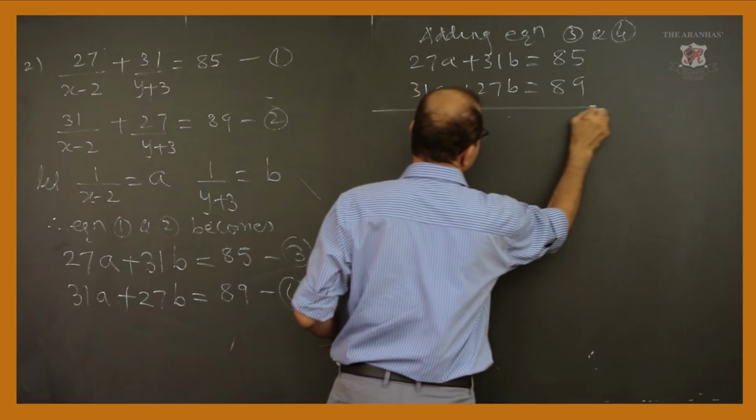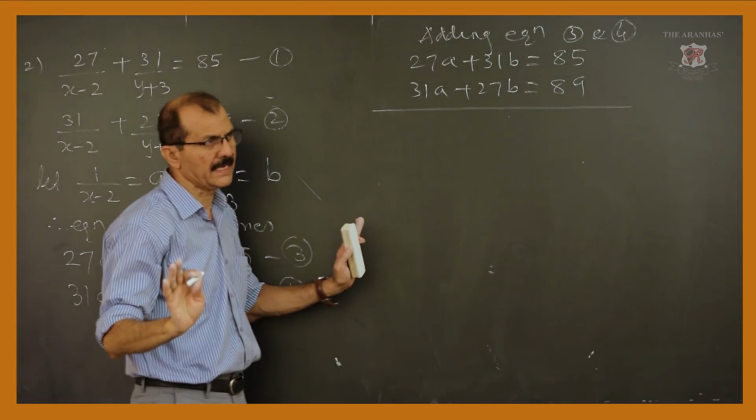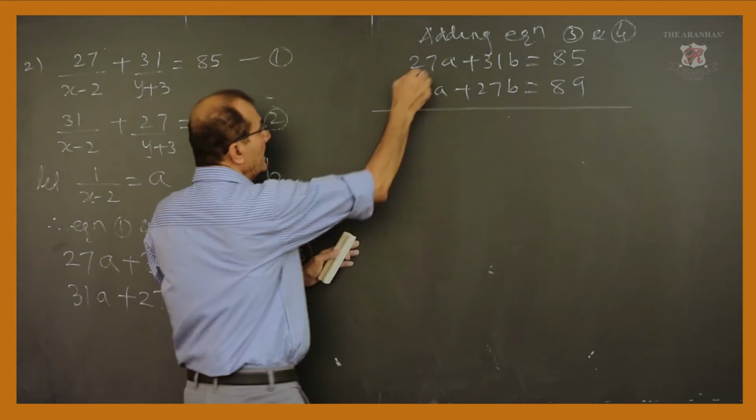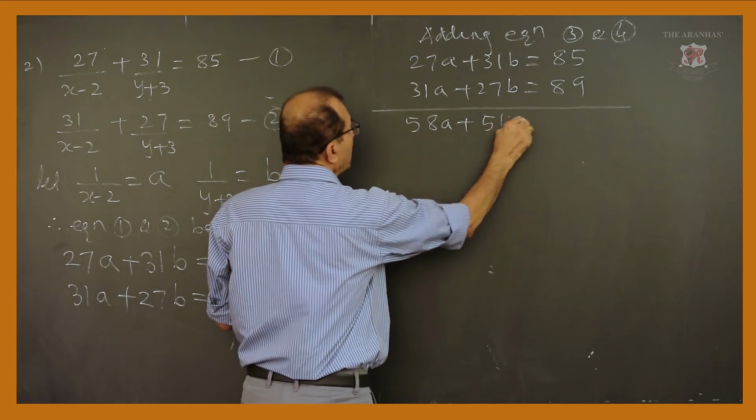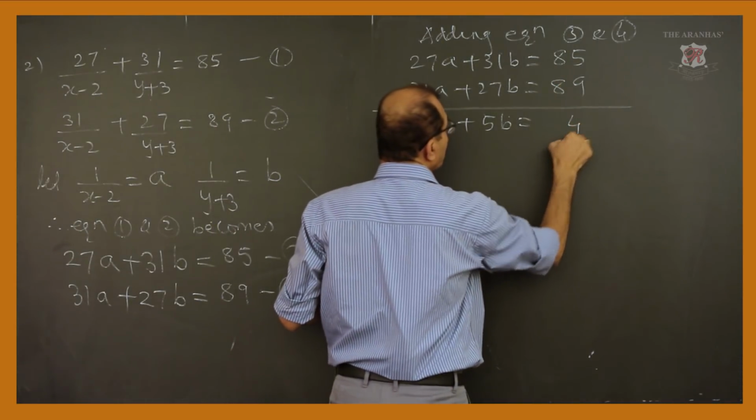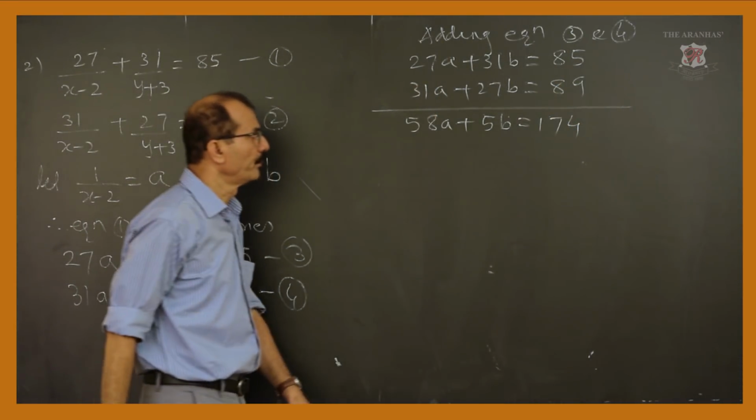Now, adding means no change in the sign, straight away add. 58a plus 58b, 9 plus 5, 14, 174.